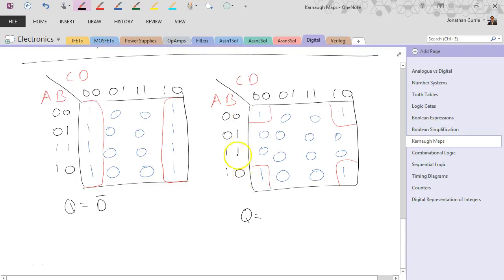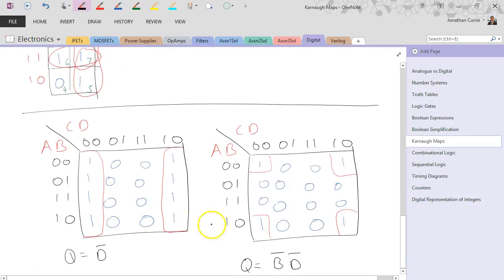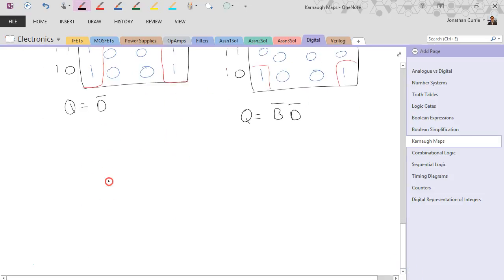B has to be equal to 0 because it doesn't matter what A is. And looking in the C and D columns, we see that D must also be equal to 0, while C could be 0 or 1. Doesn't make a difference depending on which one we're in. Alright, so rolling over the edges is a tricky one to watch out for.